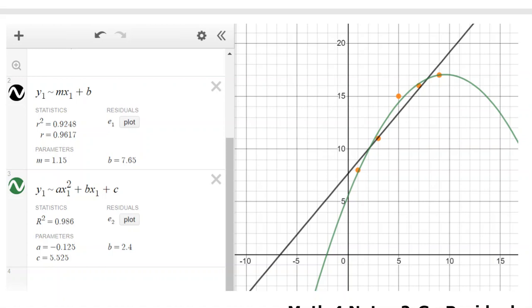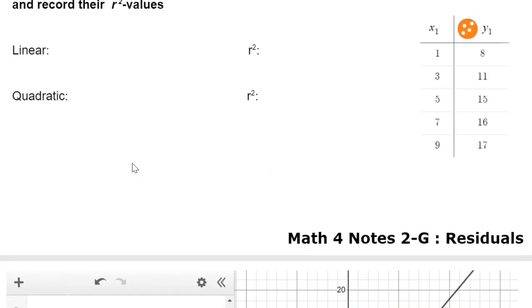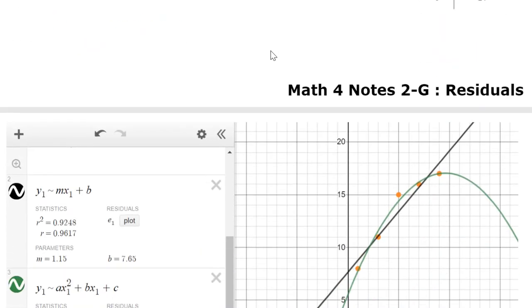So if we're going to do the linear, m is 1.15, y equals 1.15x plus 765. That is all that's needed for the linear equation. The r-squared value is .9248.